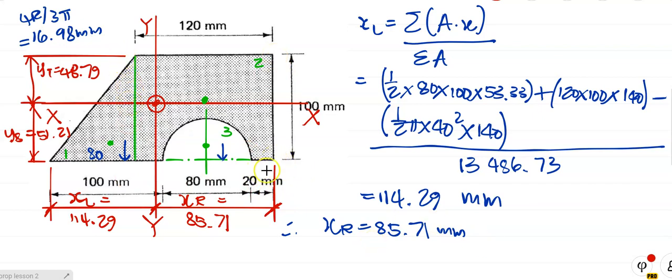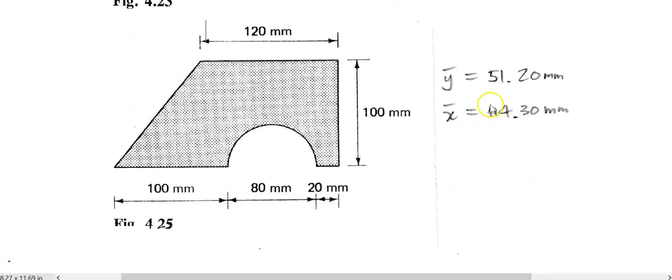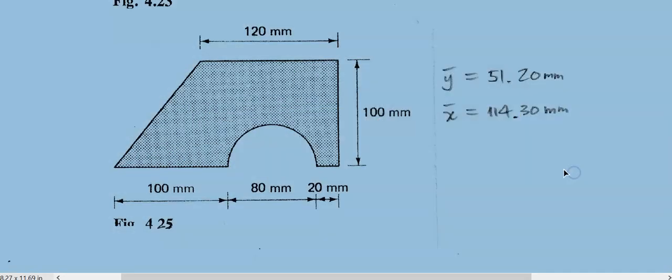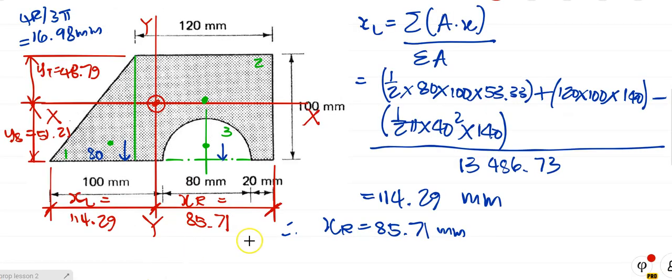If you work from there, you're going to get x right and y bottom. So can you see here, you can get 3 or 4 pairs of correct answers. Give me any two, I do all of the calculations to get y top, y bottom, x left, x right. So if you didn't get these answers last semester, but you got 85.71 and 48.79, you would have still been correct. Well done if you've done that.